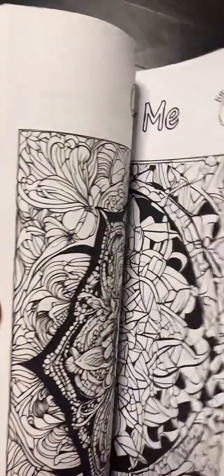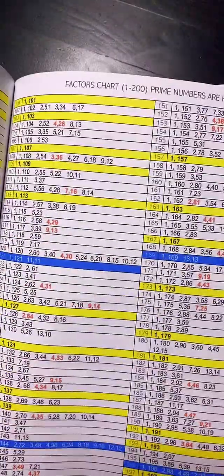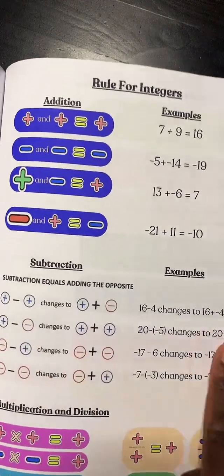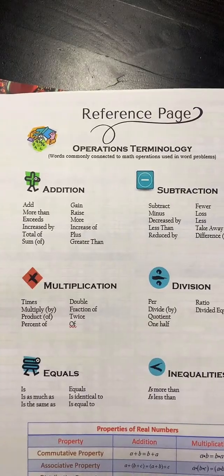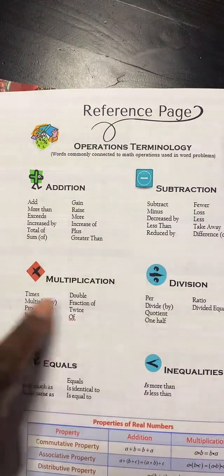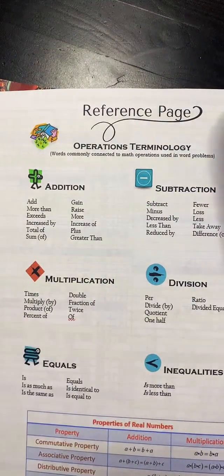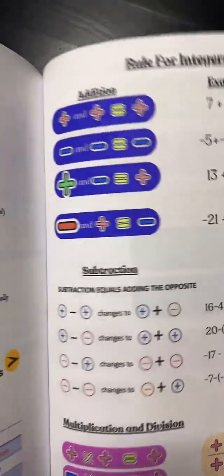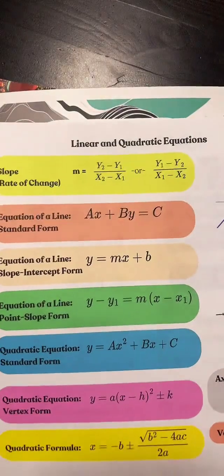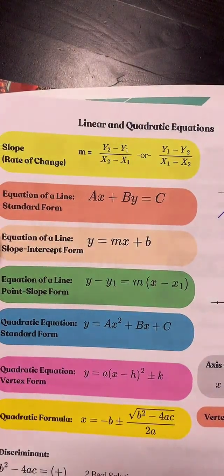Okay, so again, it gives you all the resources. It gives you the factor charts, it gives you the rules of integers: subtraction, multiplying, and dividing. And you have the most famous words for each terminology: addition, subtraction, multiplication, division, equals, and inequalities, as well as the order of operations, properties of exponents, linear and quadratic equations.